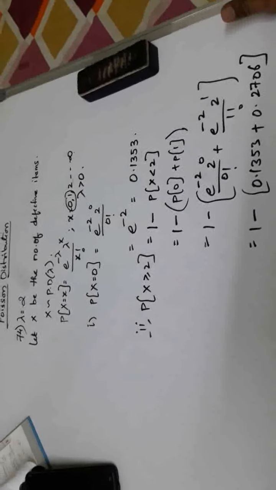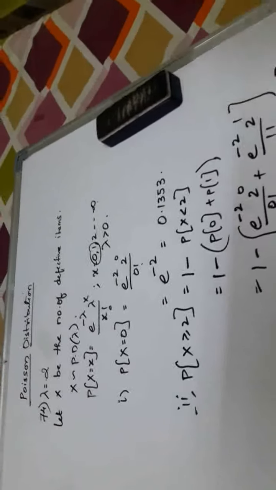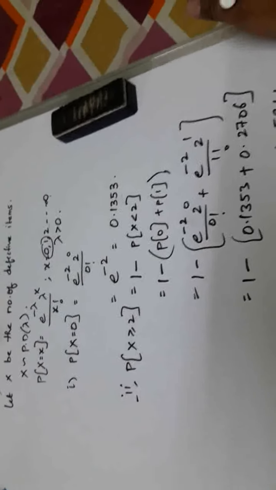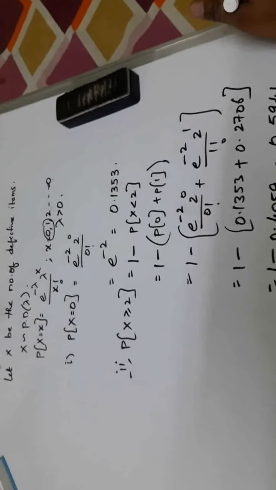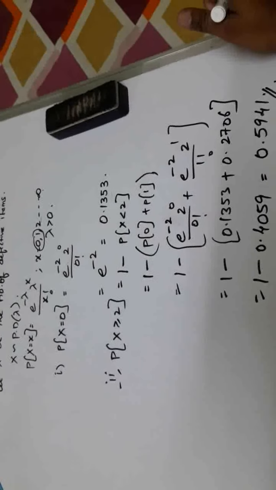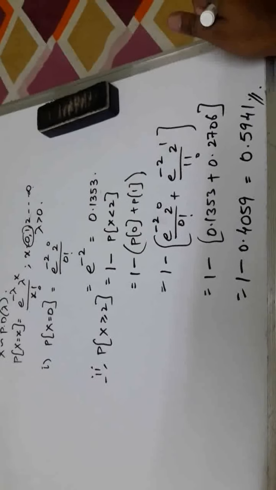Lambda equals 2. On an average there are 2 defective items in a box. Let x be the number of defective items. X follows Poisson distribution. P of x equals 0: substitute the lambda value and x equals 0. And the second question, at least 2.